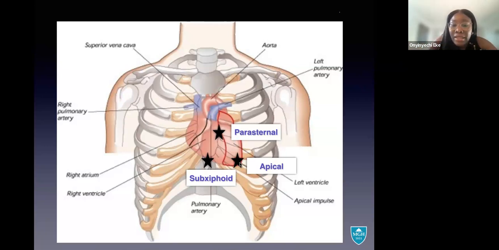We are going to have this schematic here throughout the slides to help orient us. This big star here just shows where that parasternal view is going to be obtained. This star here is where the apical view is going to be obtained, and this is the subxiphoid position. So this up here is the base of the heart. This is the apex of the heart.